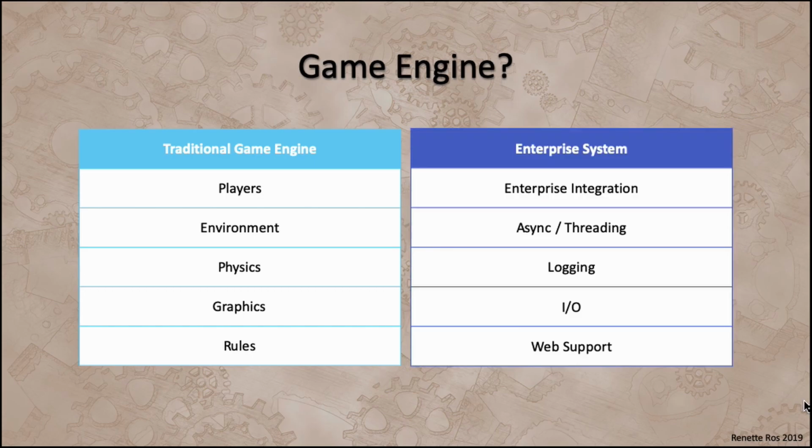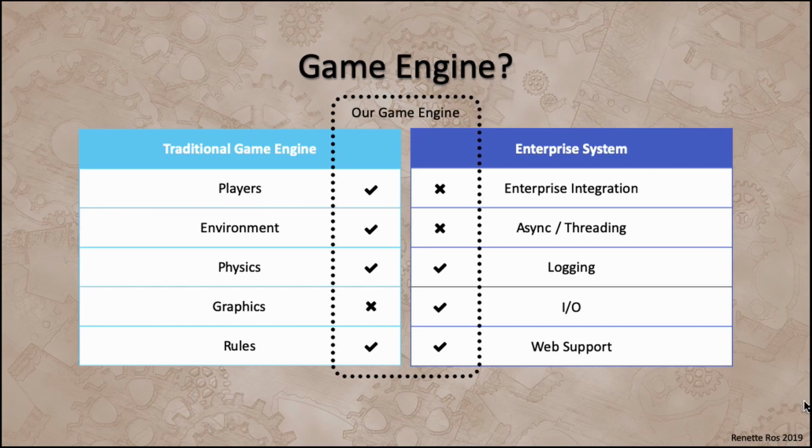When we say enterprise system, we think more generally enterprise integrations, async and threading, logging, I/O, and web support. What we wanted was most of the things a traditional game engine gives us, but a little bit more. So we have players and environment and sort of physics, but nothing as big as a traditional game engine would give you. And we also have rules.